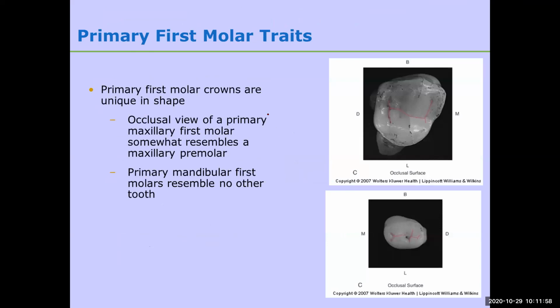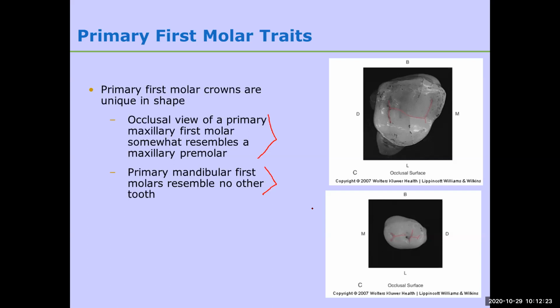So this is from a different book. The occlusal view of the primary maxillary first molar somewhat resembles a maxillary premolar, versus the primary mandibular first molar, which resembles no other tooth. Well, which one is it?